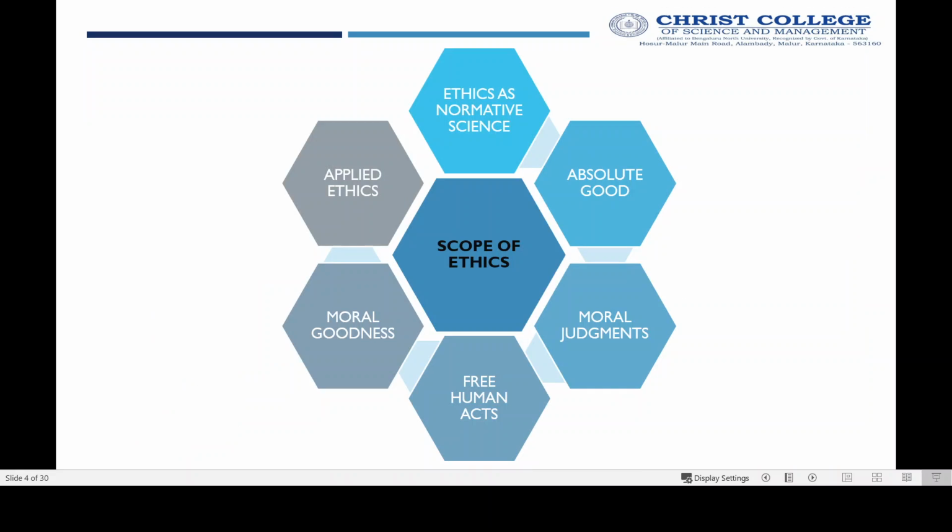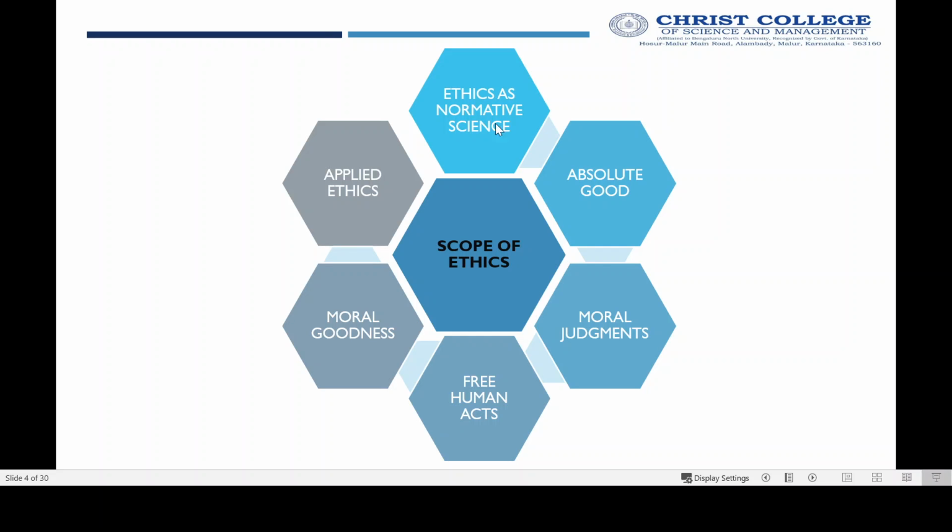Scope of ethics: basically, it is a normative science. That means it deals with the moral ideal or good in order to acquire the nature of our conduct. What is rightness or wrongness of a human action is being told.